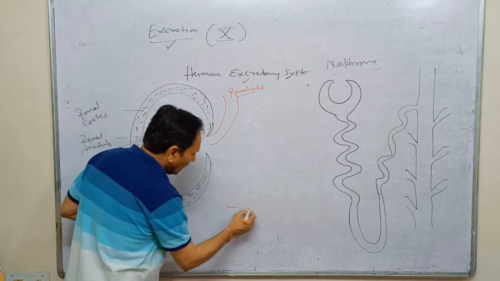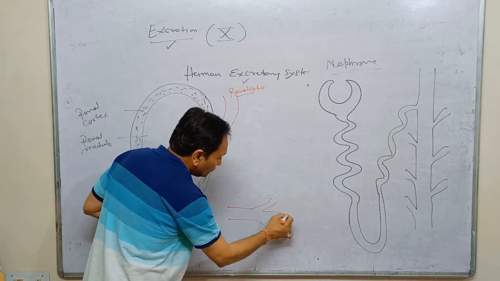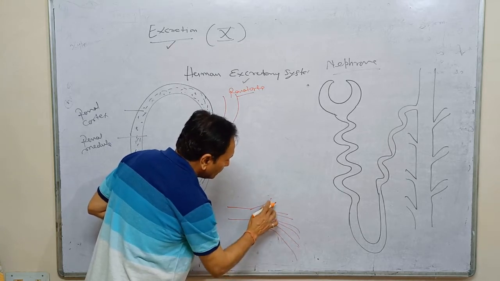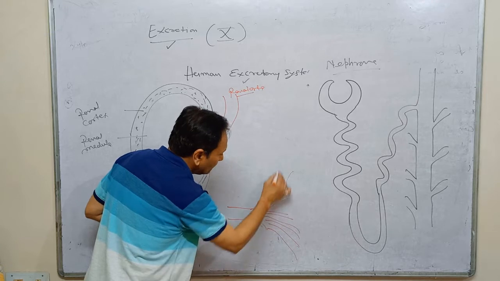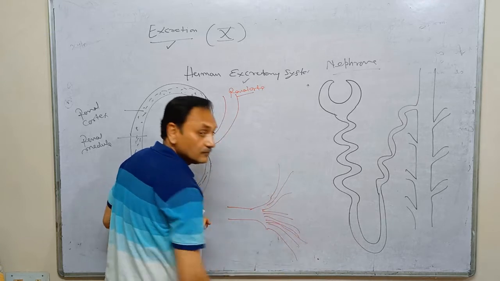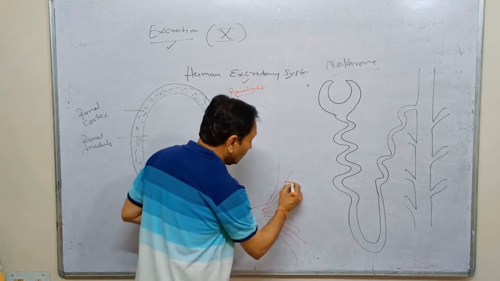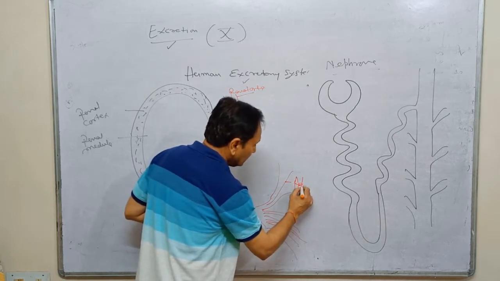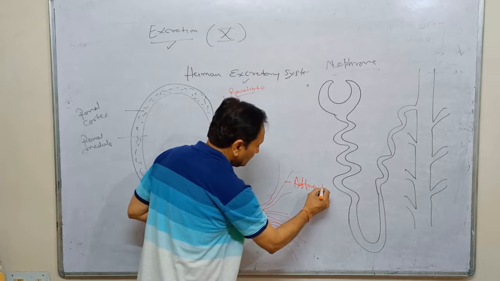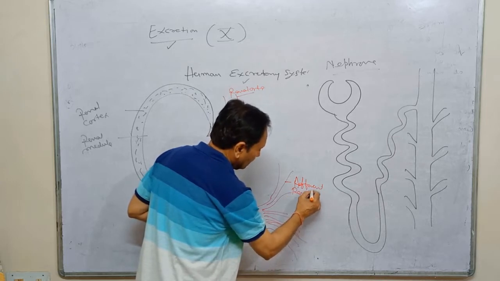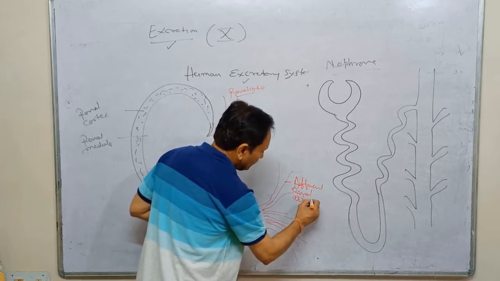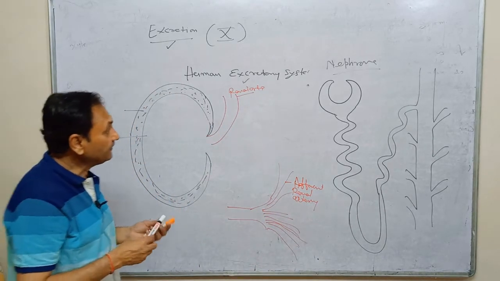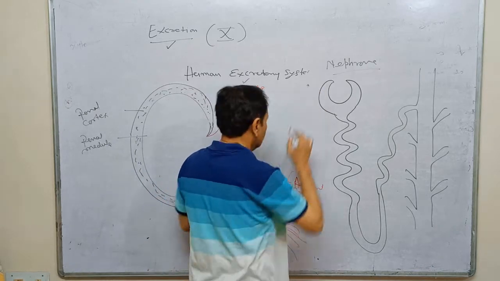This renal artery divides into many more thin tubes, and each and every tube is called efferent renal artery. This efferent renal artery inserts inside it.